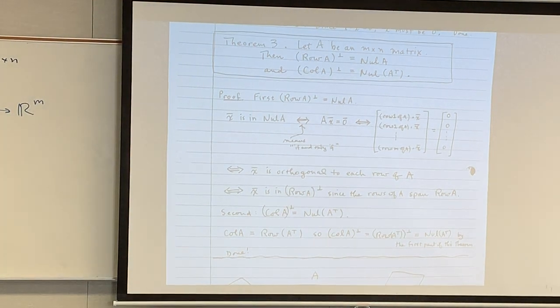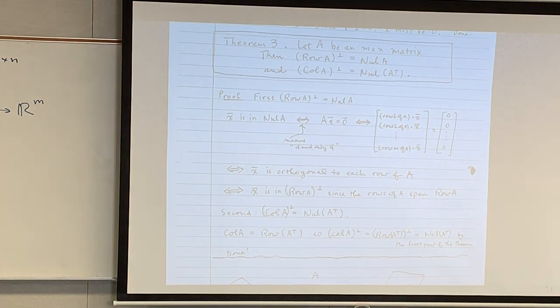Our row space of A we think of as sitting inside the domain space, right? Because those are going to be vectors with n components. There are m rows, so m spanning elements that we have, but the number of components in each element is n. Where's null space? Null space is also in the domain.